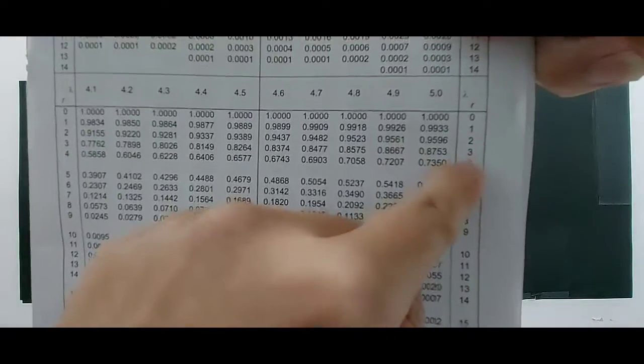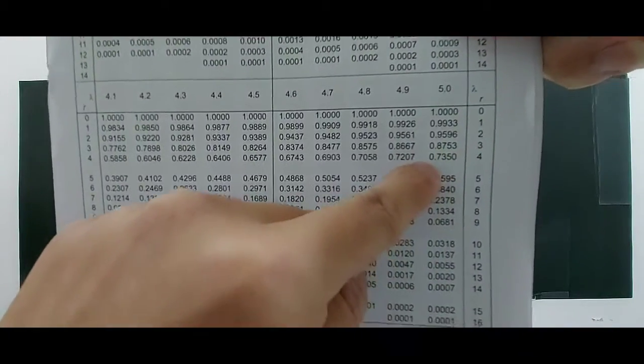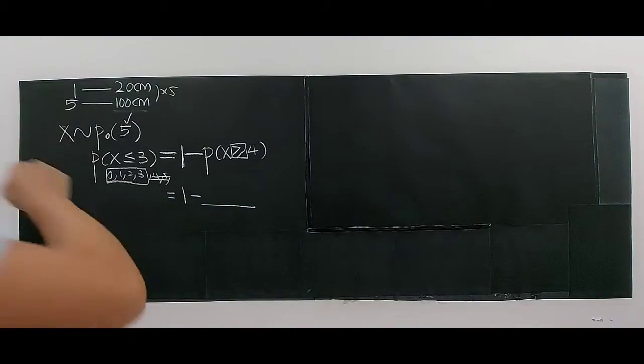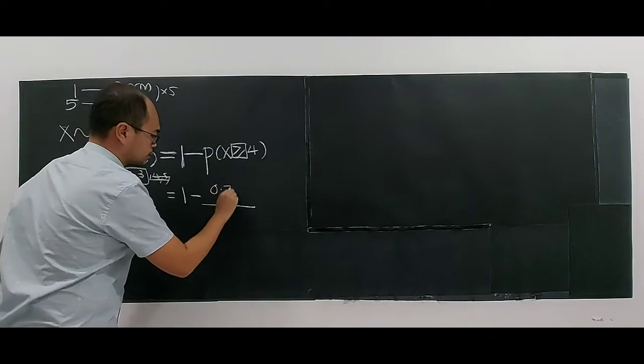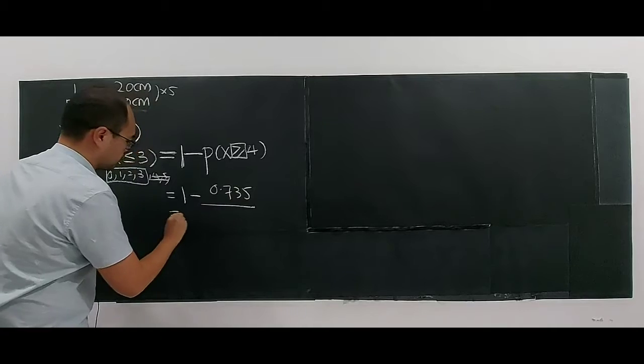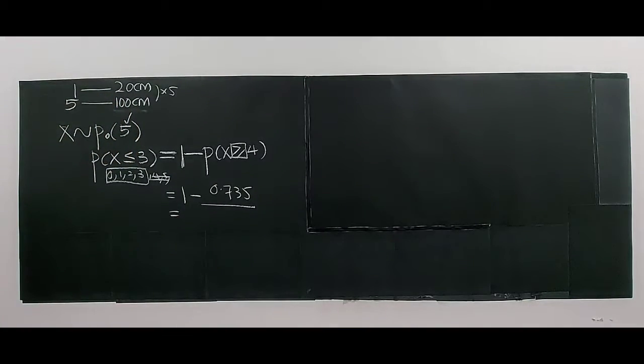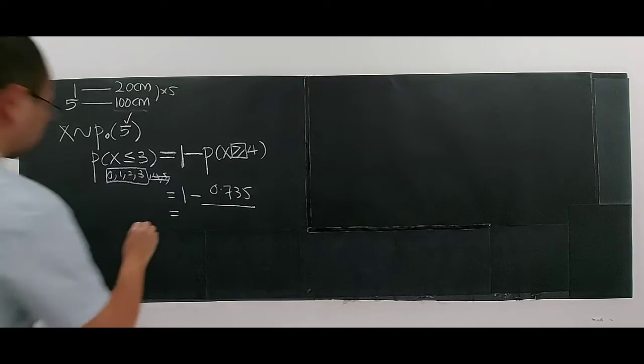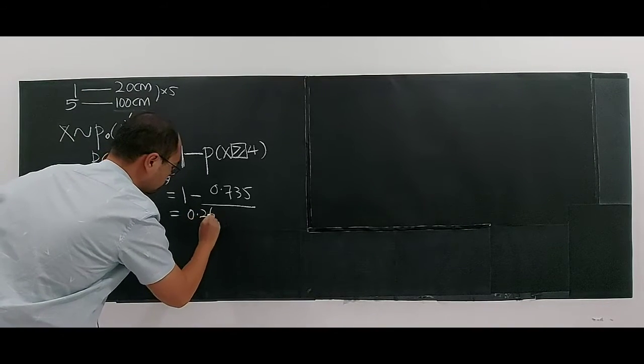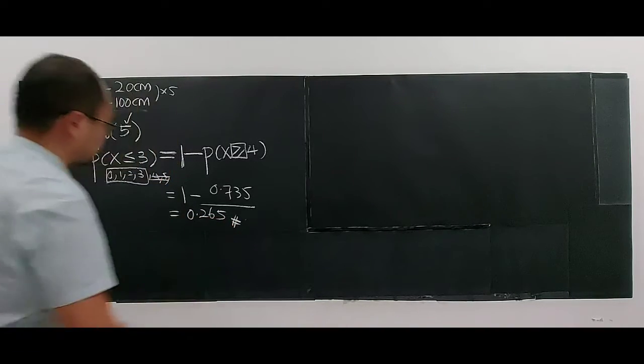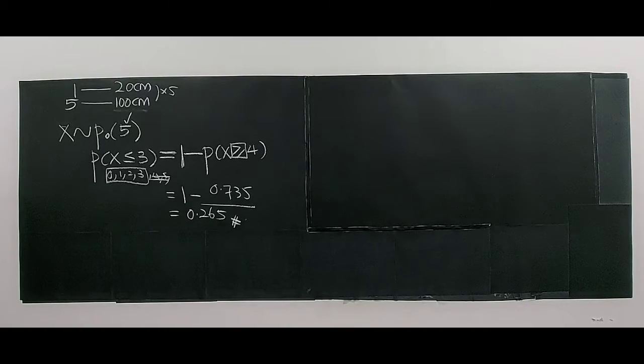So you find where 4 is: 0.735. If you calculate 1 minus 0.735, you will have 0.265 as your answer.